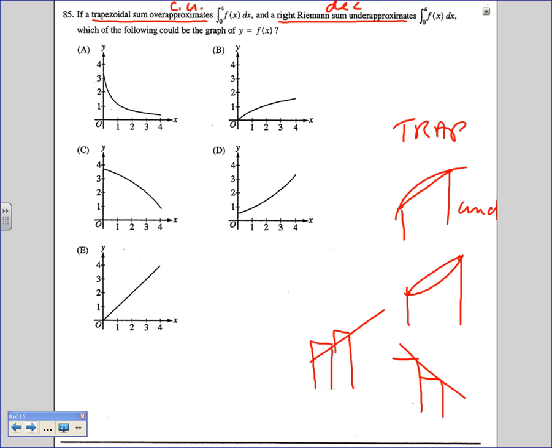So we're looking for a sketch of a function that's concave up and decreasing. This one is not concave up, and it's increasing, so it's not that one, and this one's increasing, and this one's increasing. In C we have something that's decreasing, but it's definitely concave down, so A must be it for number 85.